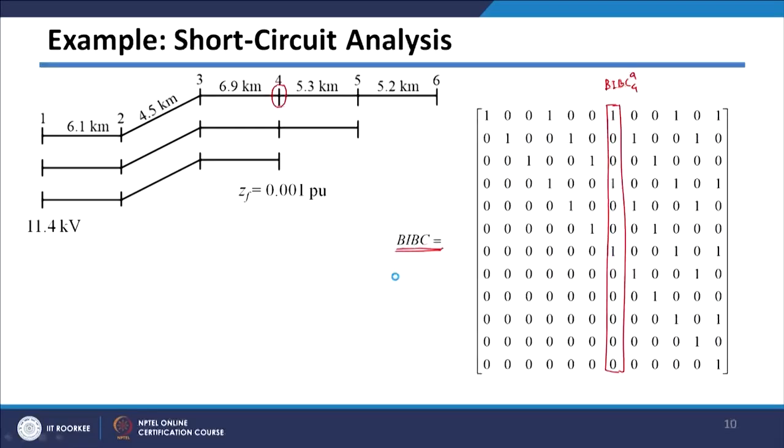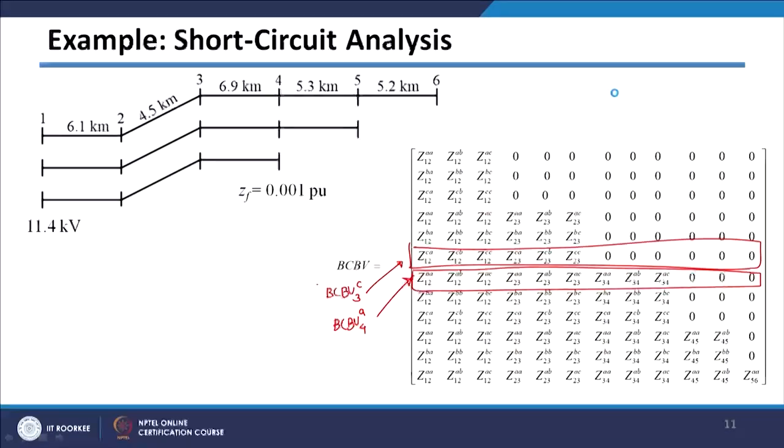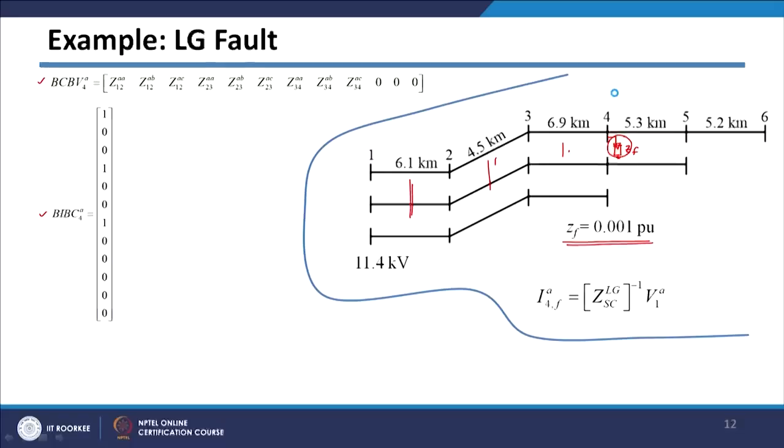Similarly, we will take the corresponding column of the BIBC matrix. So, these columns and rows are basically required for single line to ground fault analysis.